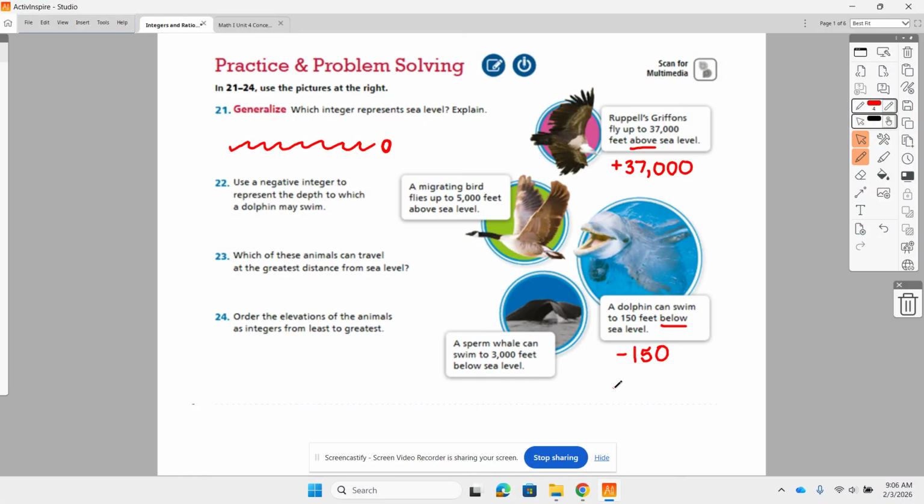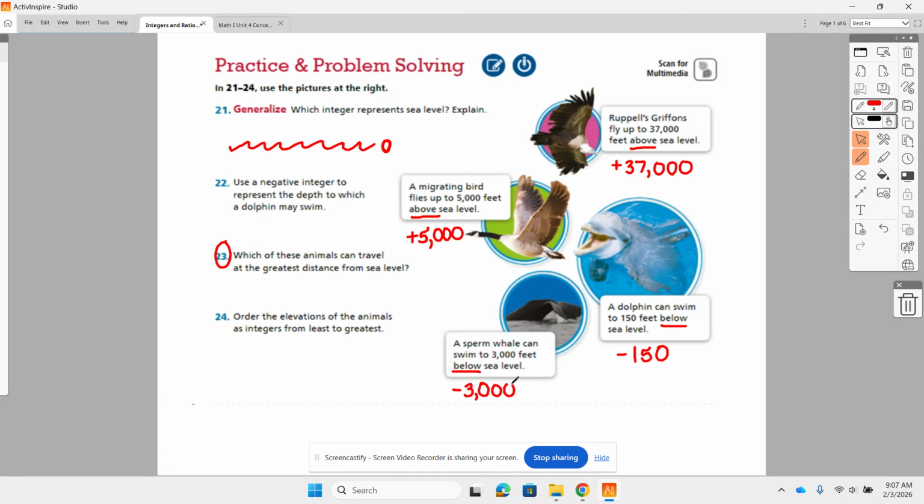One of the questions that this page asks is which of these animals can travel at the greatest distance from sea level? Our migrating bird is above, so positive 5,000. And the whale is below sea level, negative 3,000.